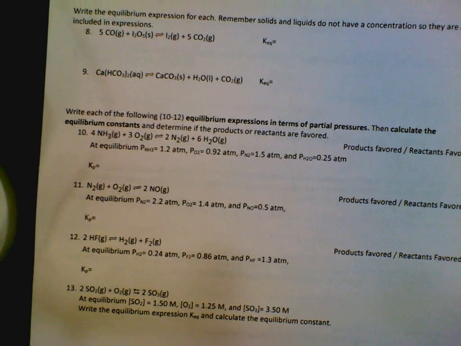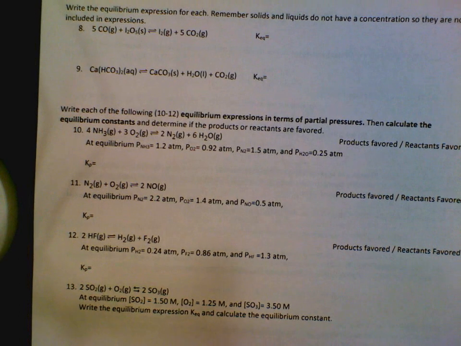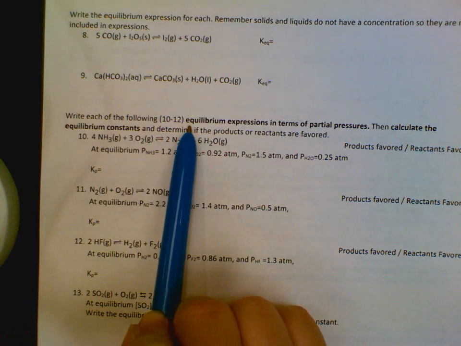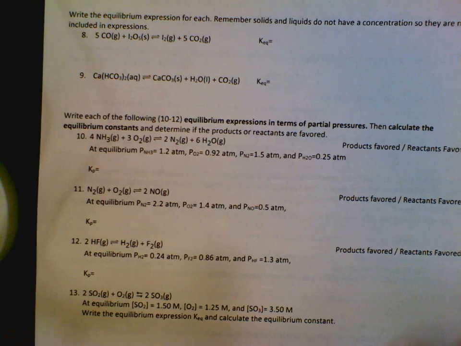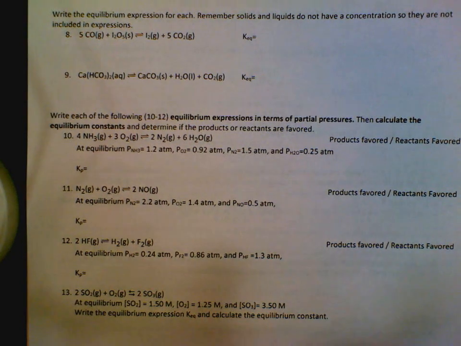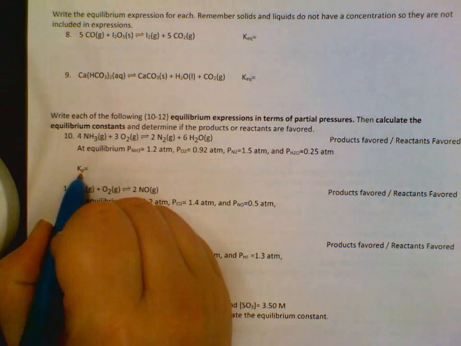On the back, it deals with pressure. So I'm going to show you guys one of these so you have an example going forward. So it says, write each of the following 10 through 12 equilibrium expressions in terms of partial pressures. Then calculate the equilibrium constant and determine if products or reactants are favored. So similar setup, but it's in terms of pressure.